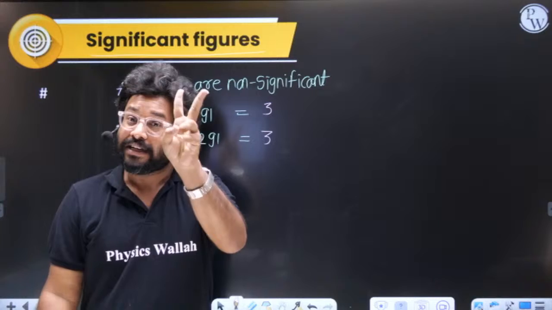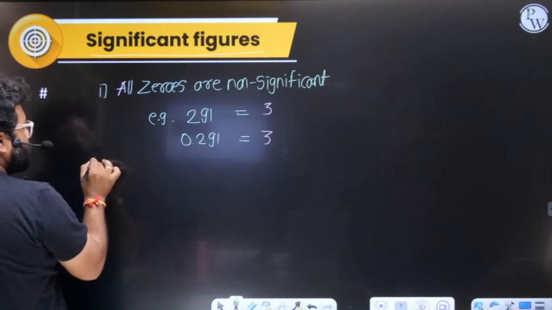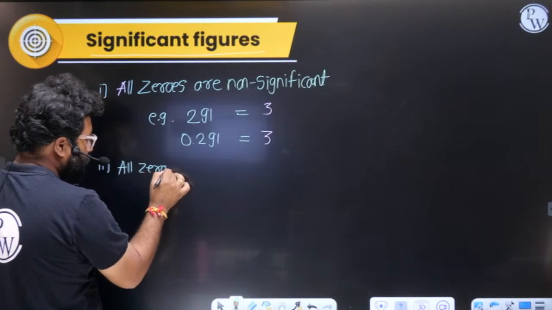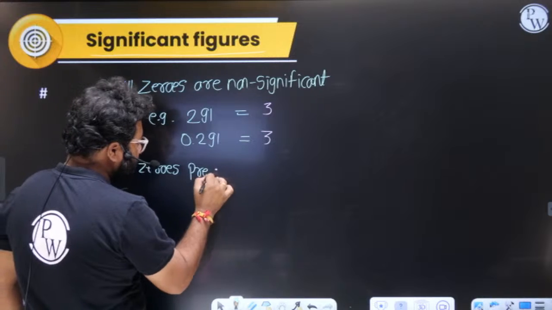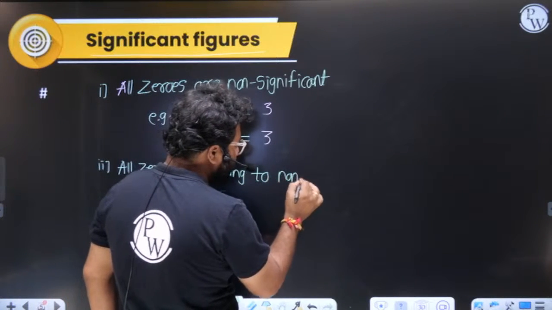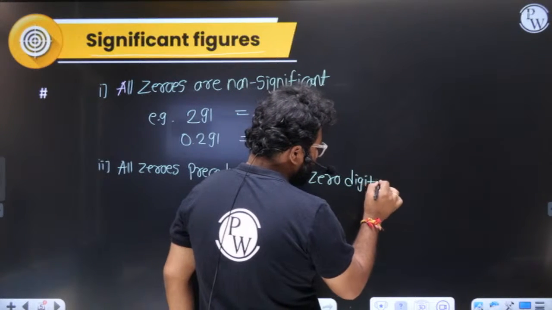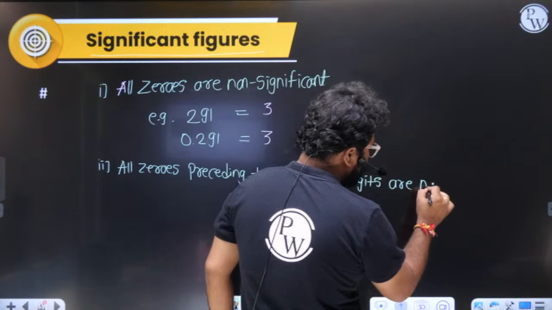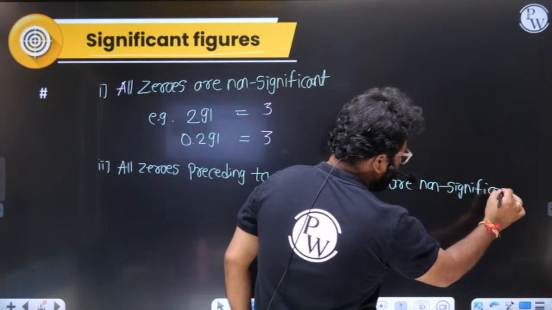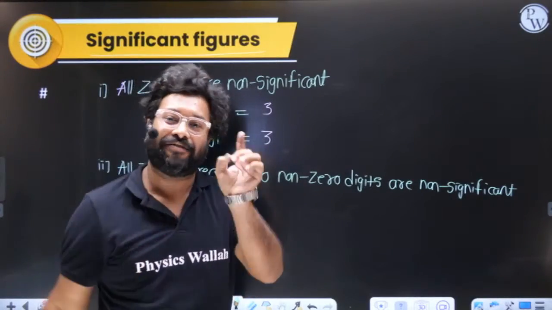That's the first point. Second point, all zeros preceding a non-zero digit or digits are non-significant. So whatever zero you have coming before a non-zero digit would always be non-significant.